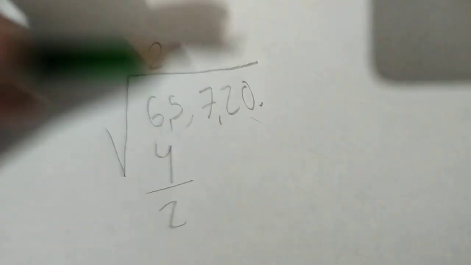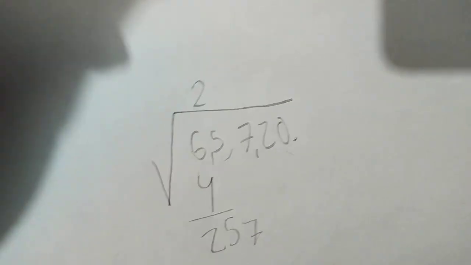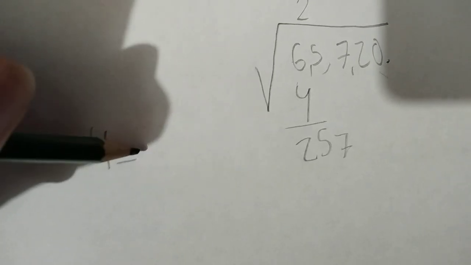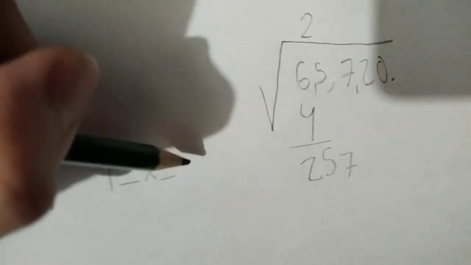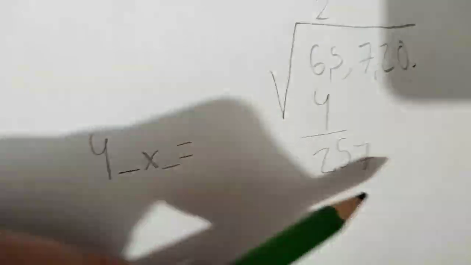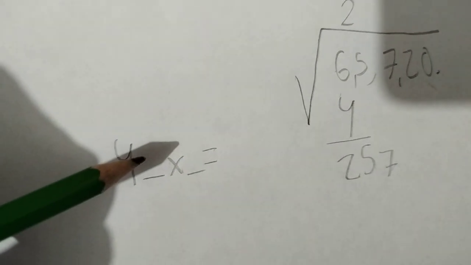Now bring down these two pairs of numbers, and you need to double this. So do this and then add this contraption. Now the largest digit which gives a number that's equal to or less than the remainder will be the digit over here.